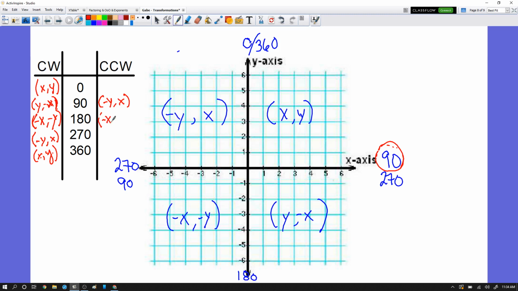And that means it's checking out, it's doing exactly what we're supposed to be doing. Because 0 to 180 is just directly across from it. So we know that this is always going to be our 180. 90, 180, 270. And then we know our original is always going to be x and y.